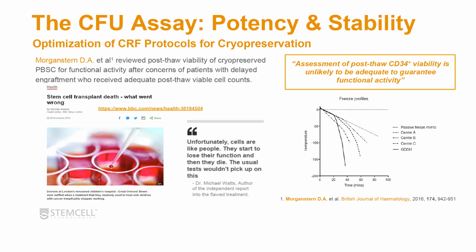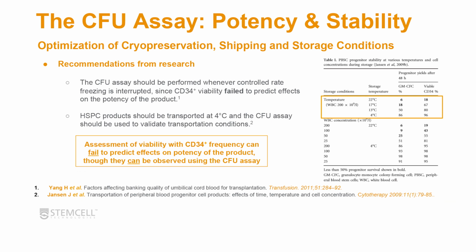There was no growth of the CFU in those samples, whereas the CD34 showed some decent viability. So CD34 viability works until it doesn't, and if you want to be sure on thawed cells that they are able to grow as expected in the transplant, in the patient, then you have to perform some other kind of potency assay.